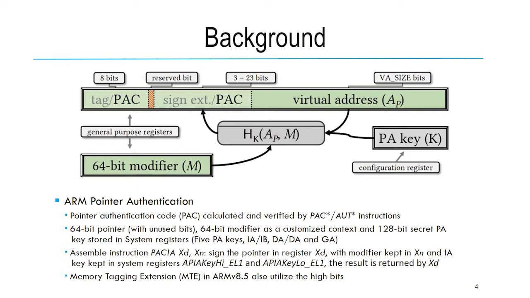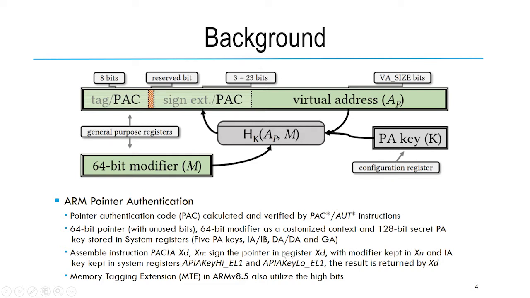Then it uses a hash function to yield a PAC and embeds it into the high bits of the original address. There are 5 types of PAKs. IA and IB are for code pointers, DA and DB are for data pointers, and GA is for general use. Take the PACIA XD, XN instruction as an example.